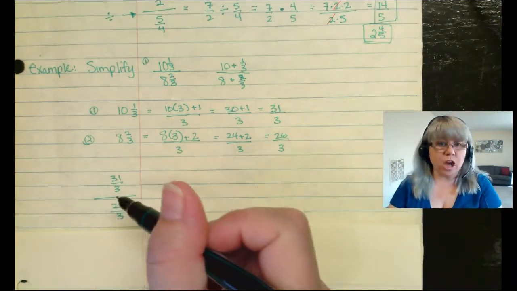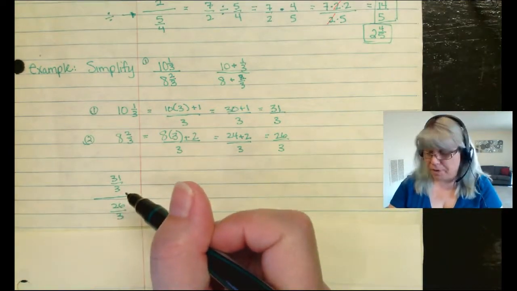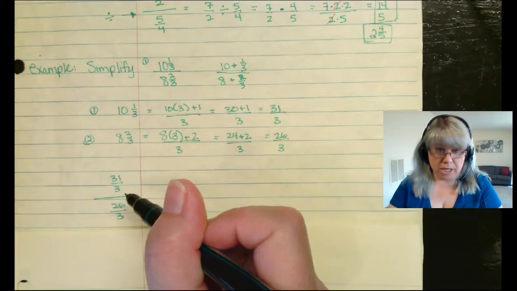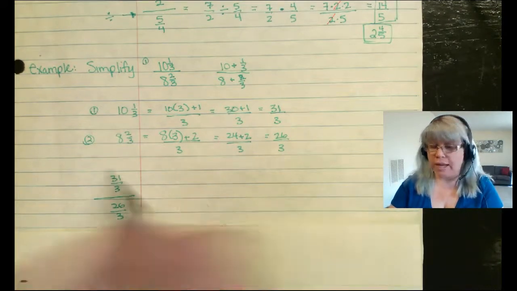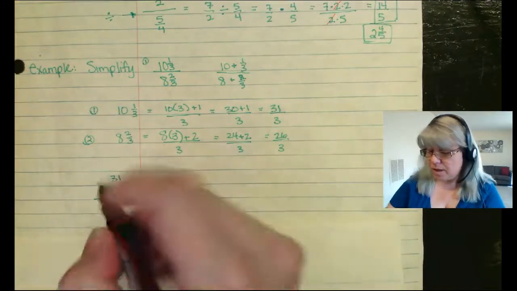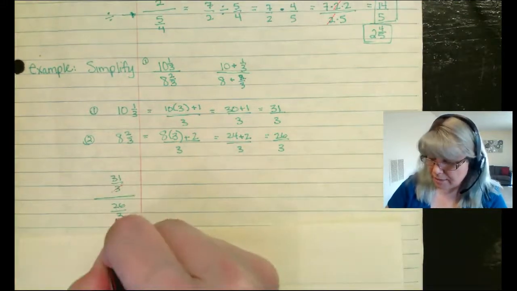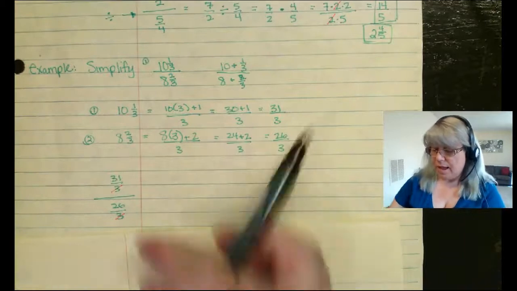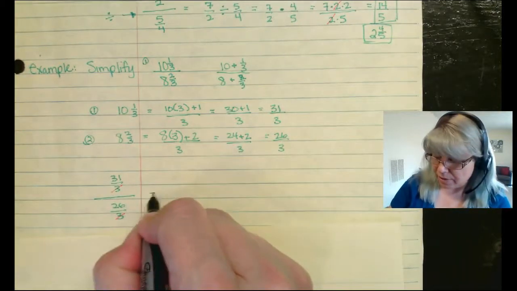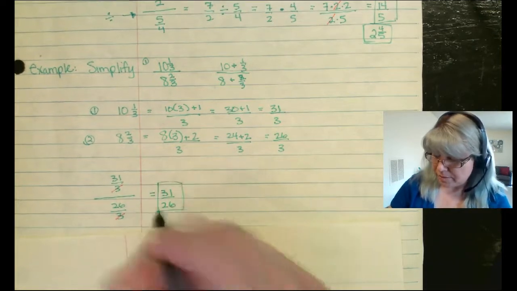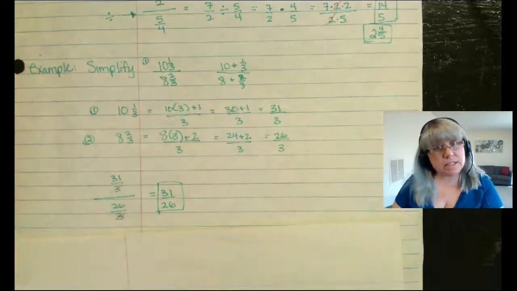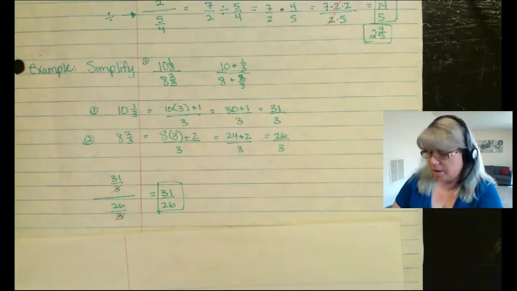Okay. Ding, ding, ding, trick time. If the denominator in your top number and the denominator in your bottom number of a complex fraction are exactly the same, you can cancel them out and bring the two values together for your answer. Now, why does this work? Here's why it works.